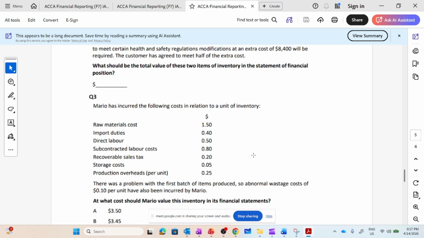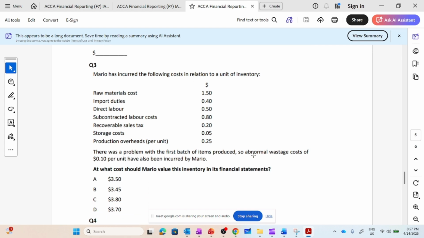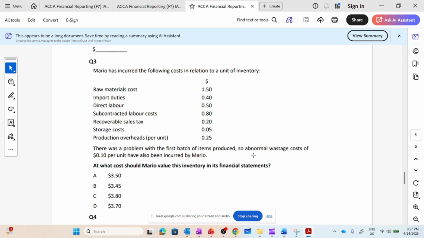Now look at example 3. Very important. At what cost should Mario value this inventory in its financial statement? Mario has incurred the following cost in relation to a unit of inventory.